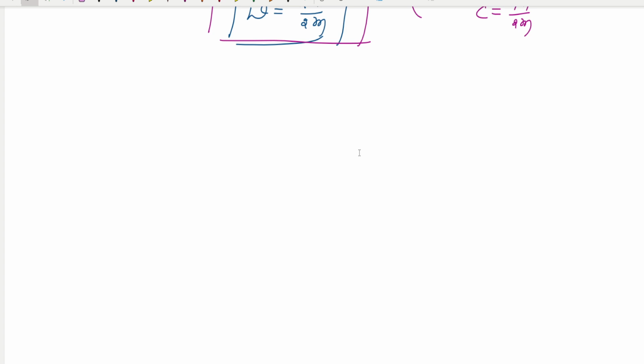Now I am going to derive the Schrodinger equation. This is all about why we are deriving it. What is the reason behind the Schrodinger equation? We need one differential equation that satisfies the dispersion relation, omega proportional to k square.